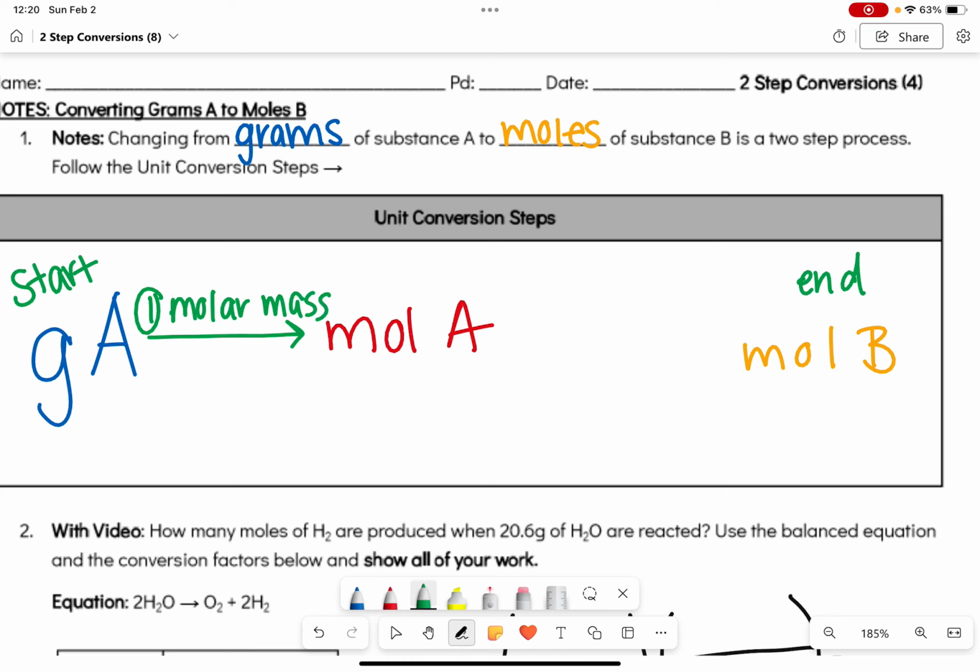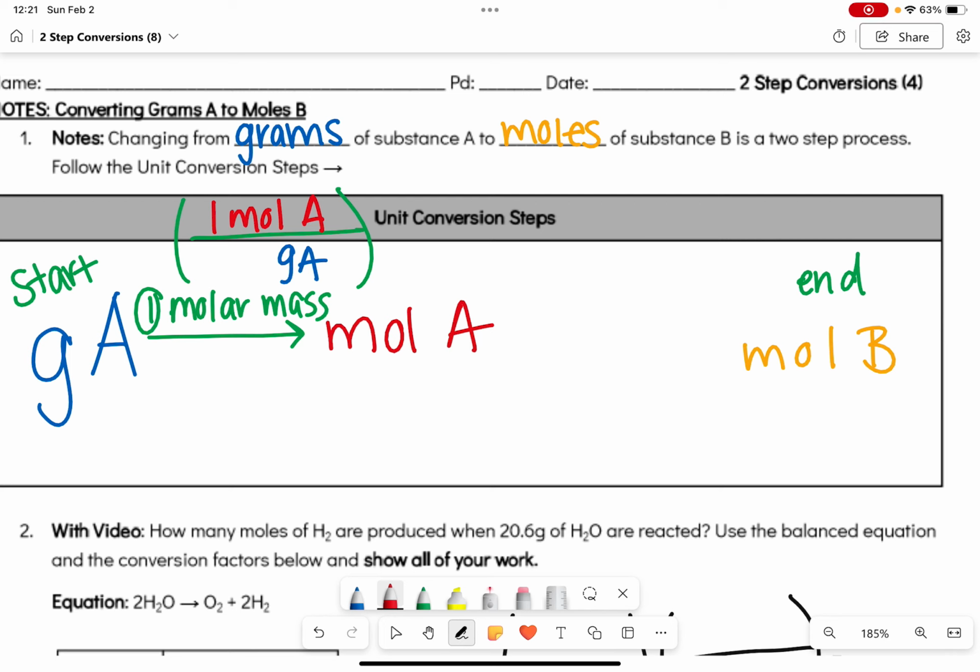When you go to do this, your mass of your substance will be your old unit. And so that will go on the bottom in your parentheses. And then we want to find moles of A. So 1 mole of your substance will be on the top in your parentheses. So doing this conversion from grams to moles gets us into moles.